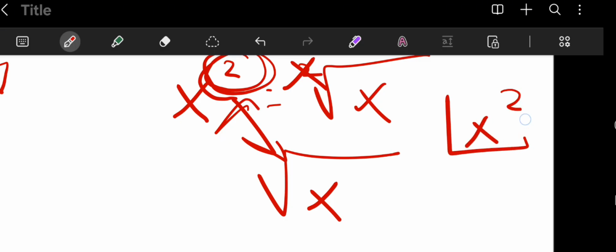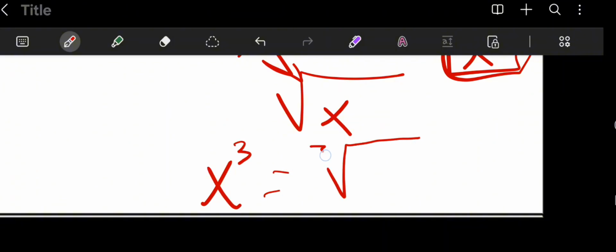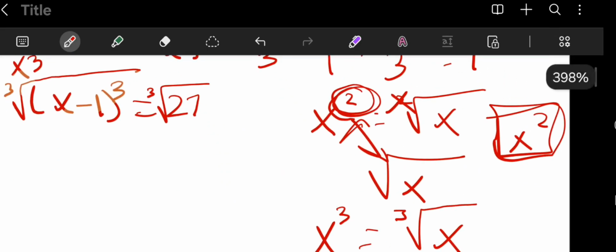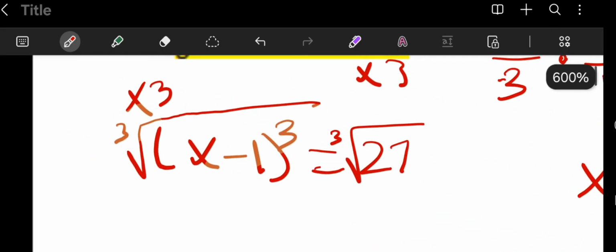We're going to square this number. So if we are cubing something, we're going to cube root. Do you see where I'm getting at? Okay, now that I clarified that, we know the way to get rid of this cubing is by cube rooting.